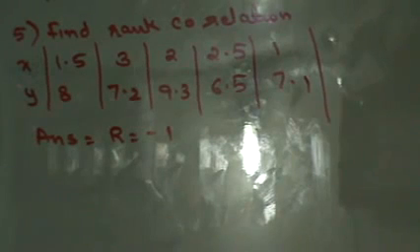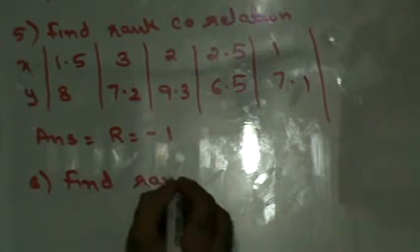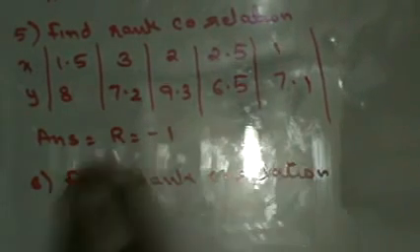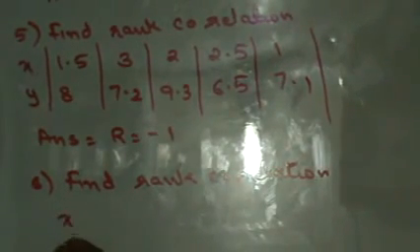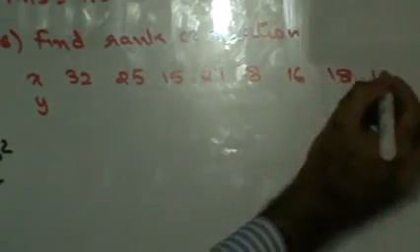Next, let's see another sum of this kind. Find rank correlation for X and Y. X is 32, 25, 15, 27, 8, 16, 18, 12.